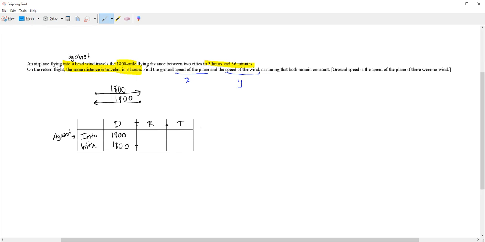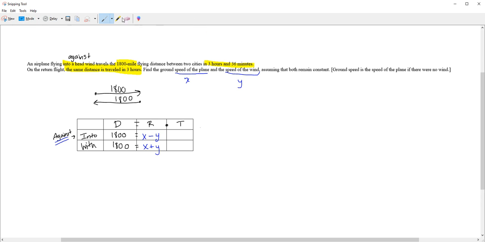The next thing we need to consider is our rates. Our rate into the wind, going against the wind, is the speed of the plane minus the speed of the wind because it's slowing us down. If we're going with the wind, that's the speed of the plane plus the speed of the wind because it's pushing us further and faster.